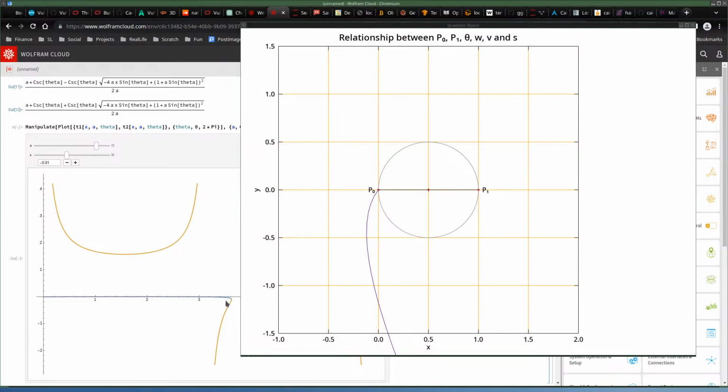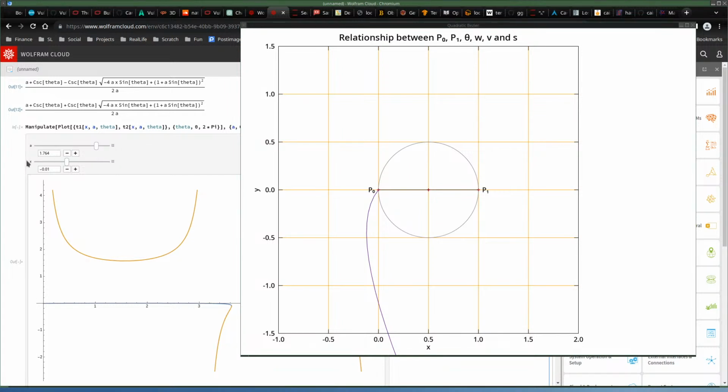And then if you go down, then t is much more negative, and then we get the orange solution. Maybe I should make them match, right? So here I have an a value of 1.746.